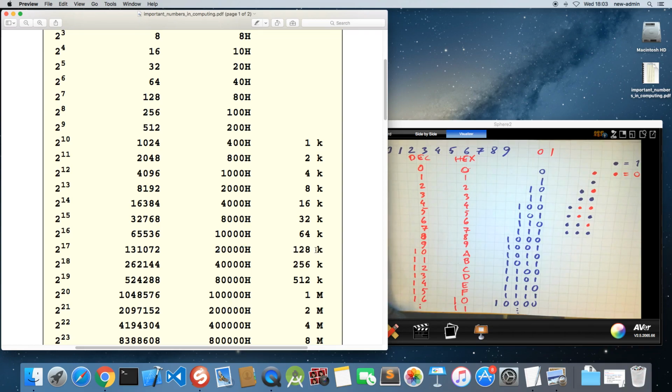It is an approximation, but that is how we speak about big numbers in computing.